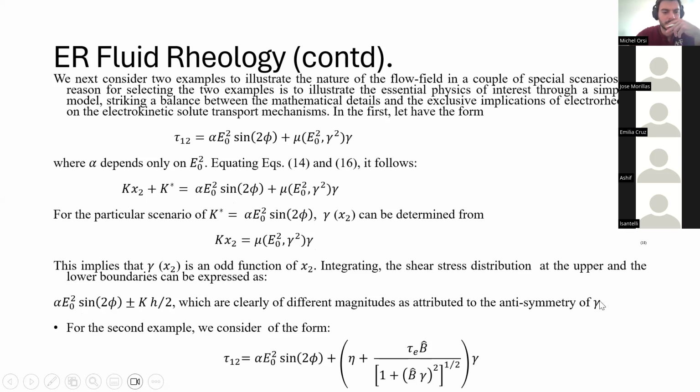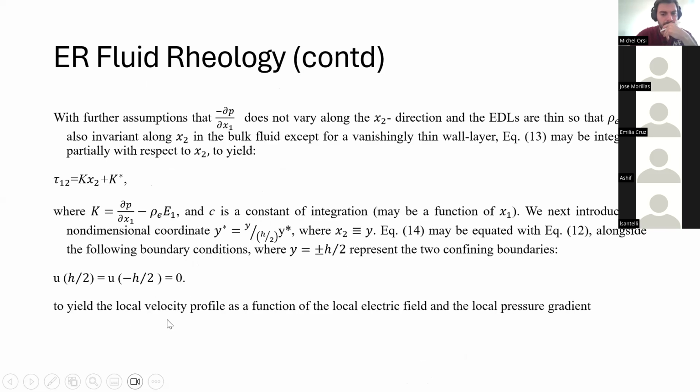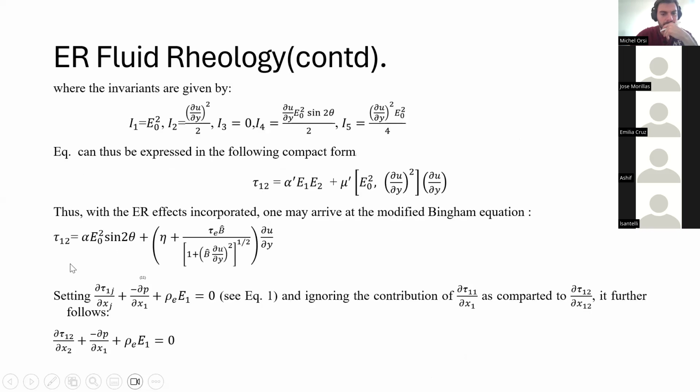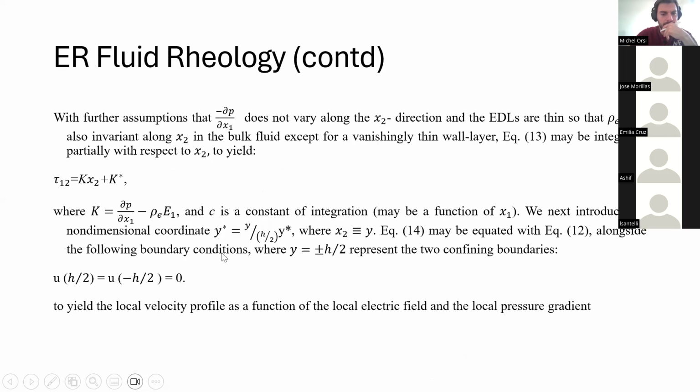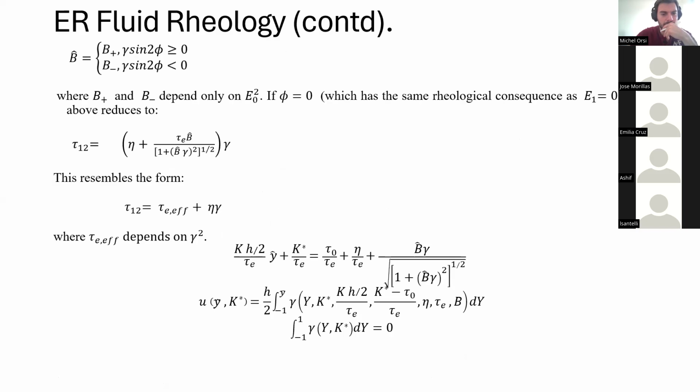For the second example, we see this expression of tau and 2, which has already been defined before here. We use this expression of tau and 2, and we put b hat, which can either be b plus when gamma sine 2 phi is greater than or equal to 0, or b minus when gamma sine 2 phi is less than 0, where b plus and b minus depend only on E naught square.